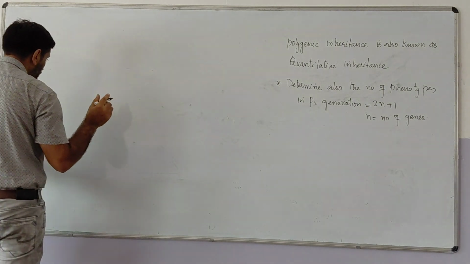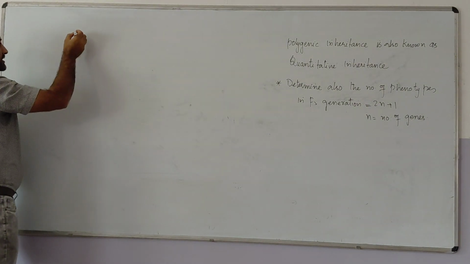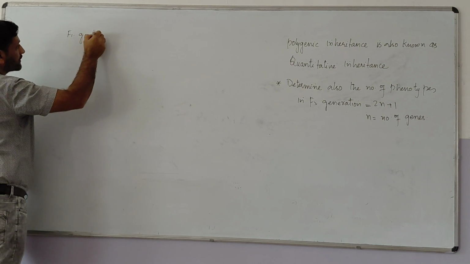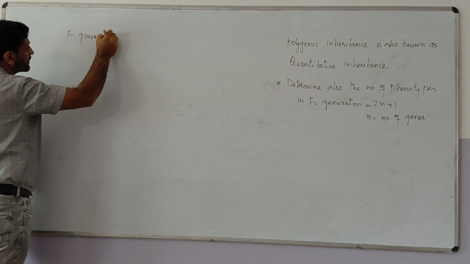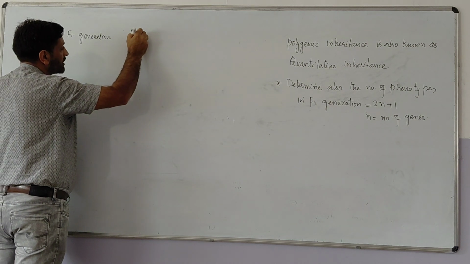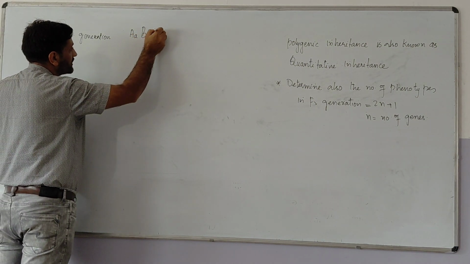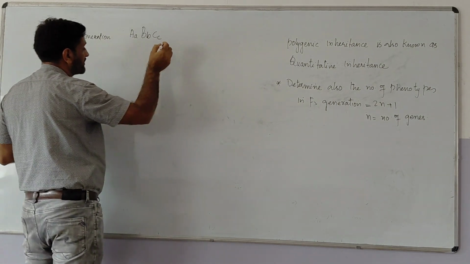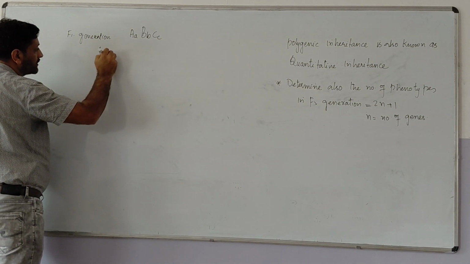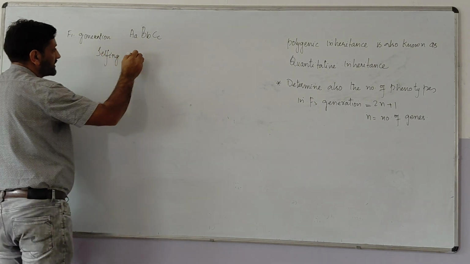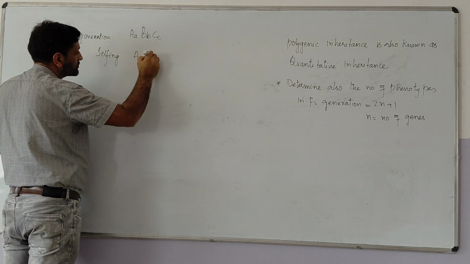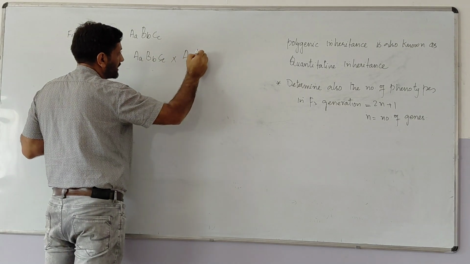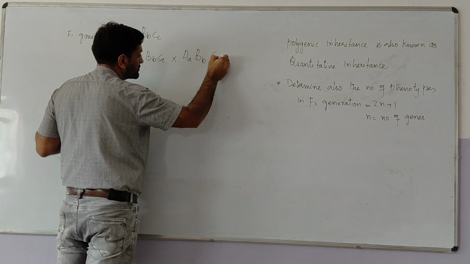In the F1 generation, the progeny was capital A, small a, capital B, small b, capital C, small c. When we take the selfing of this F1 generation, you know that selfing means self cross. It will be capital A, small a, capital B, small b, capital C, small c crossed with capital A, small a, capital B, small b, capital C, small c.